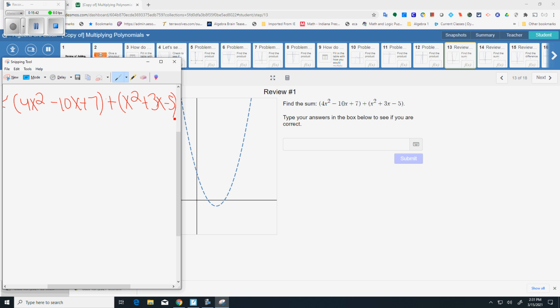So remember when we're adding and subtracting, we can only combine like terms. So on this one, we can only combine 4x squared and x squared.